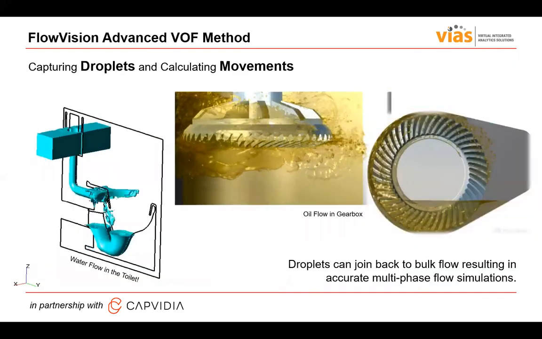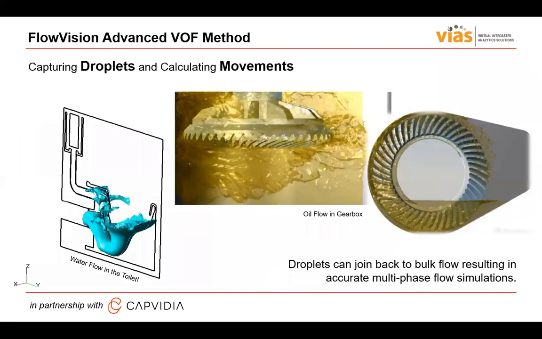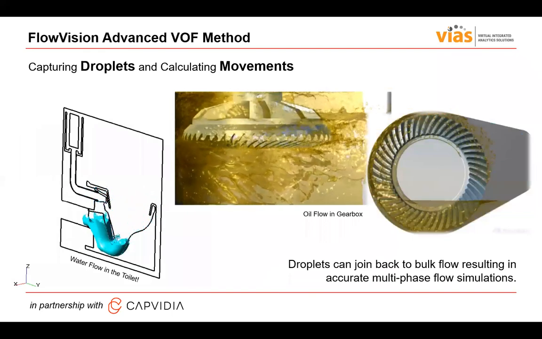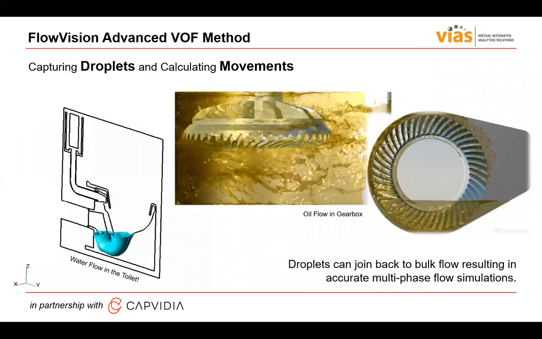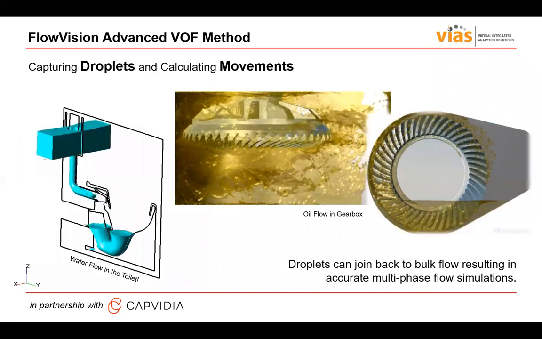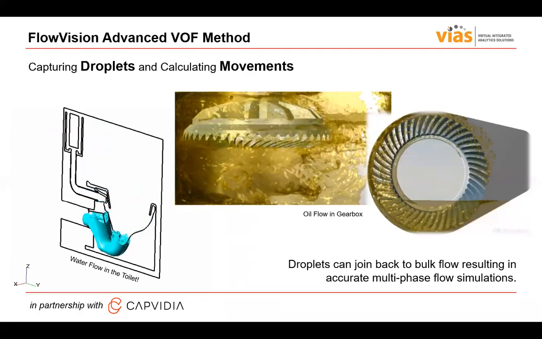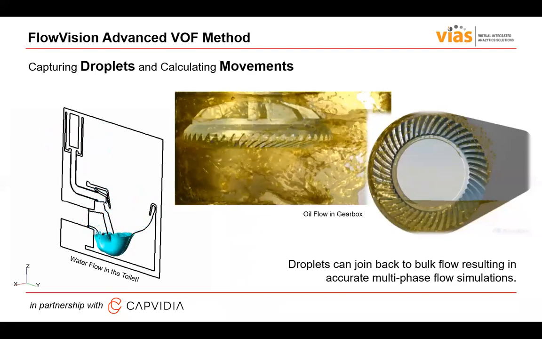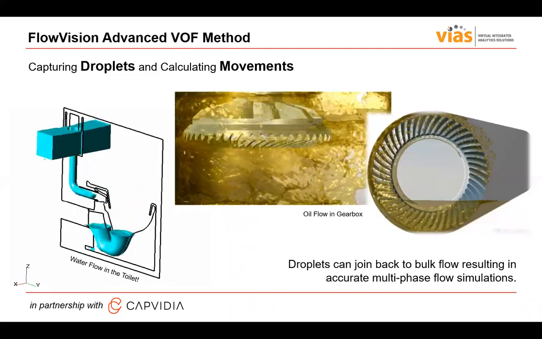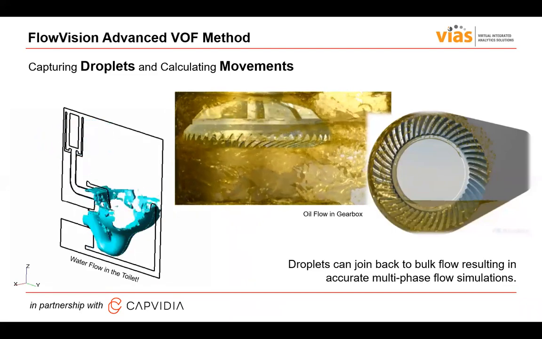So what does it mean? If we consider such a gearbox simulation, again from the automotive industry, where the oil is just spreading around in very small droplets, smaller than your grid, here we can still capture those droplets.